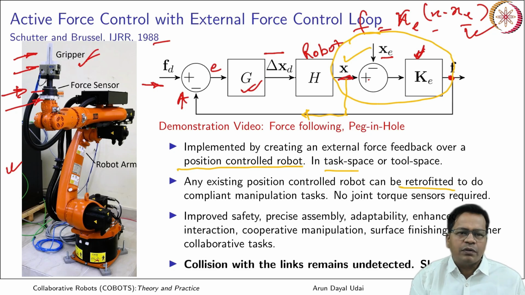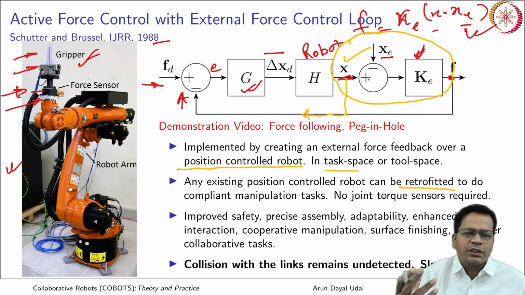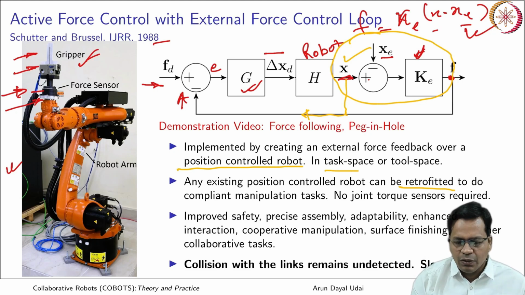This is the beauty of such compliant manipulation algorithms, that you can just have a force sensor fitted at the existing robots in the assembly line or in any application, and you can convert it to do such compliant manipulation tasks.